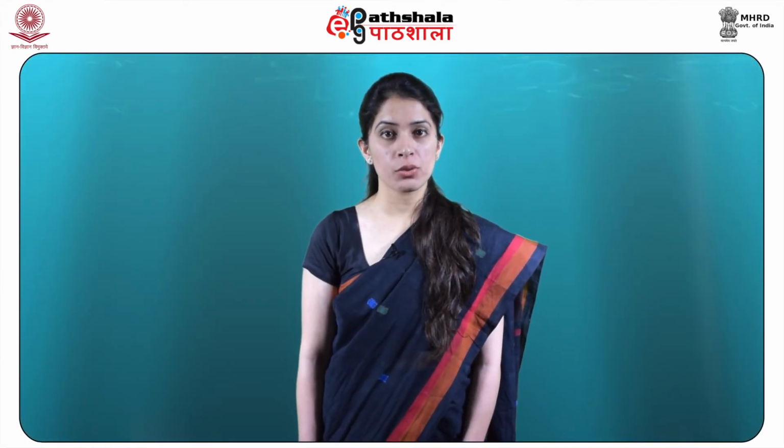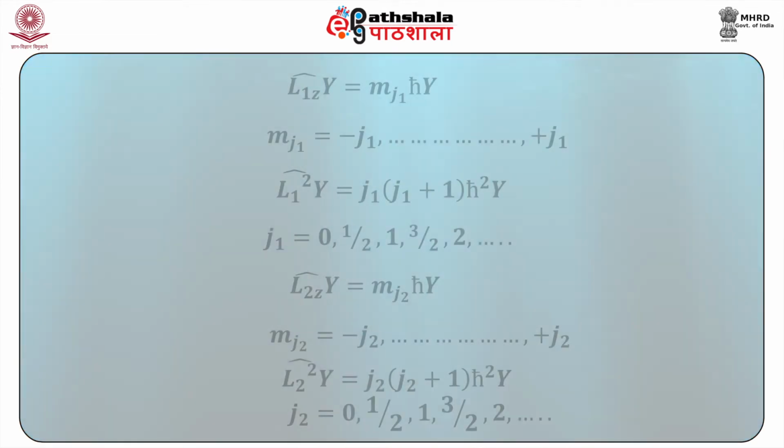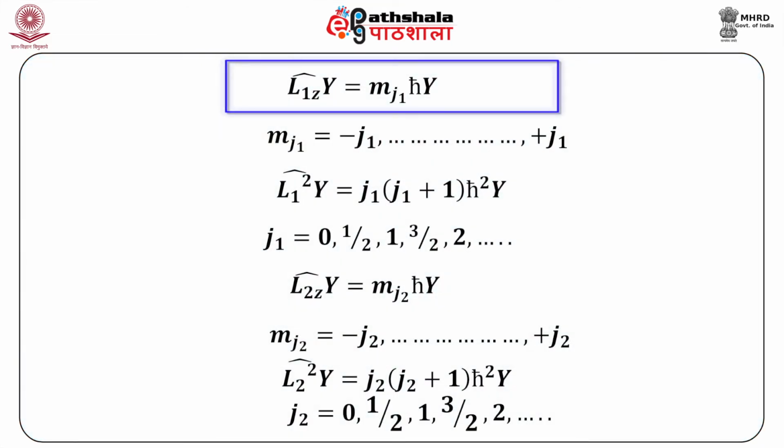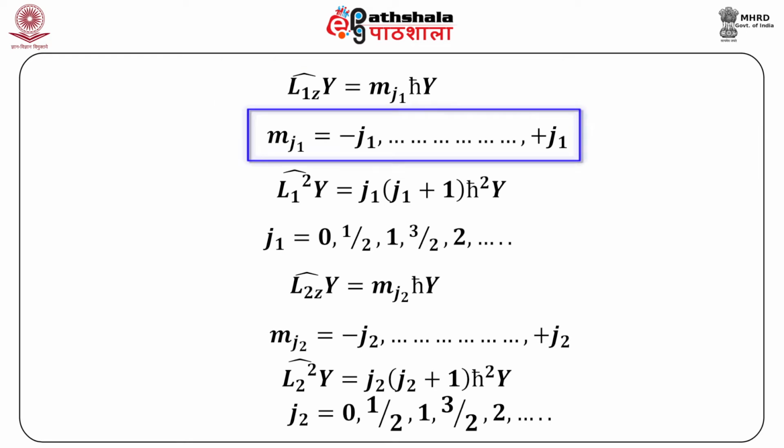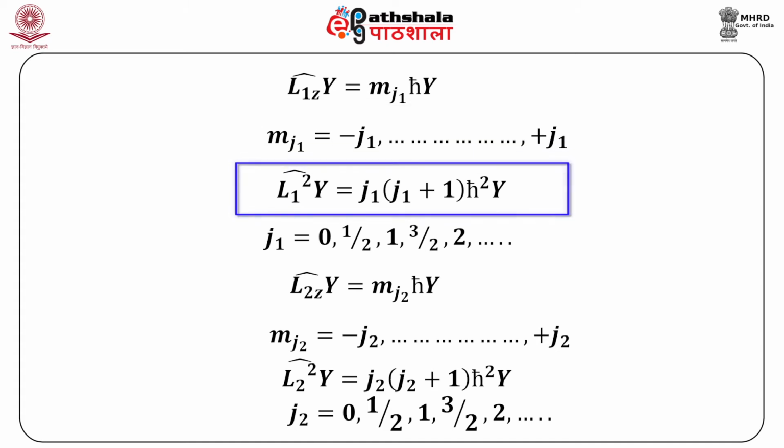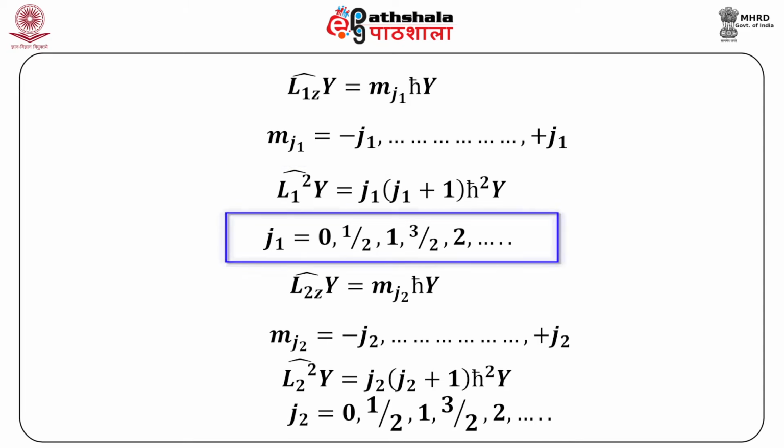Now for such a two electron system, the eigenvalues associated with the Z component of angular momentum and L square for electron 1 and 2 are given by the equations L1z ψ equals mj1 h cross ψ, where mj1 varies from minus j1 to plus j1. Likewise, we have L1 square ψ equals j1 into j1 plus 1 h cross square ψ, where j1 varies from 0, 1 by 2, 1, 3 by 2, 2 and so on.